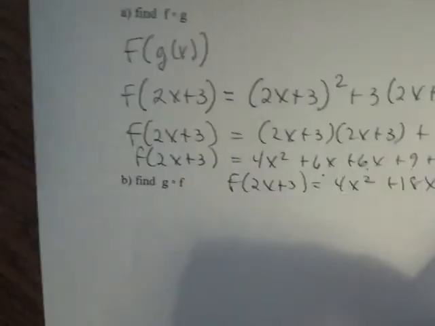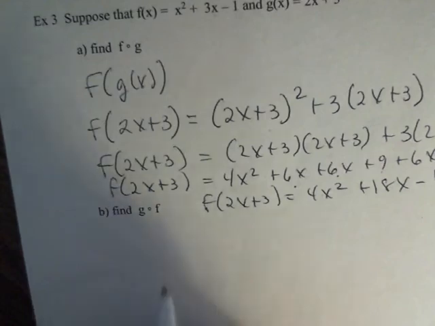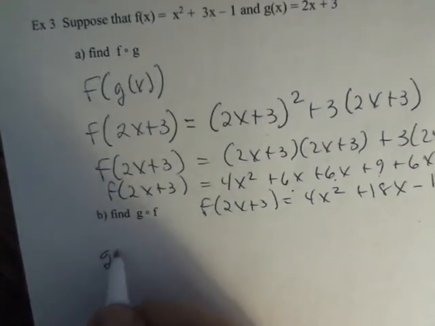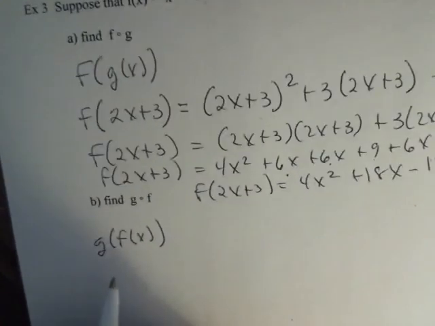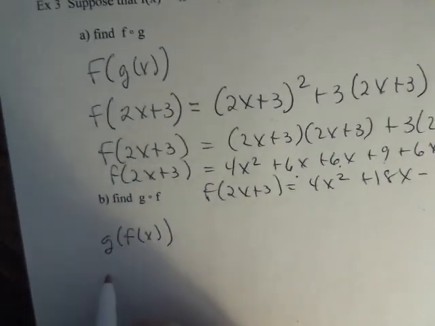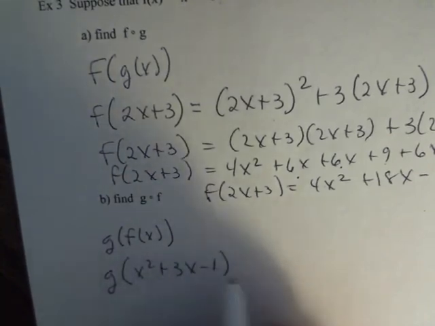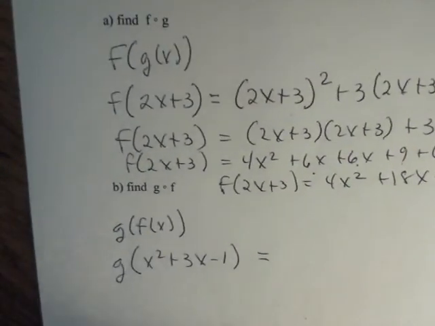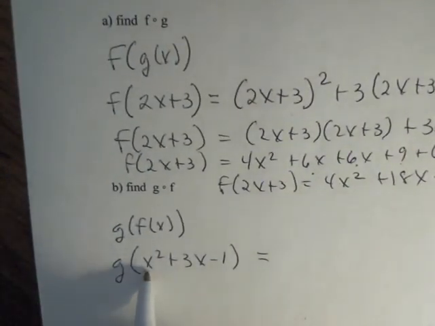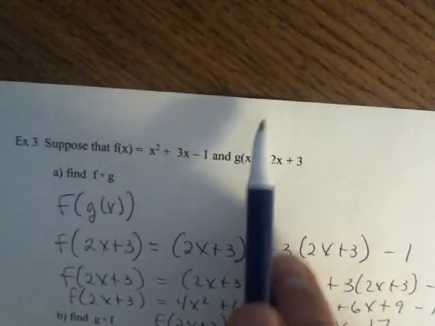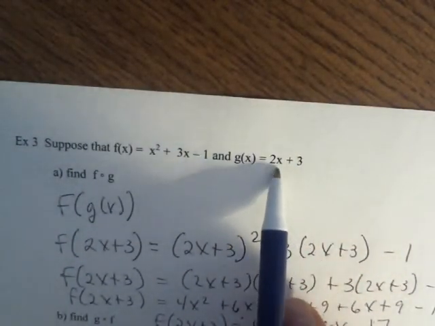We can also compose g with f. So I'm now going to find g of f of x, which is g of x squared plus 3x minus 1. So think about substituting this entire expression into g for this x.